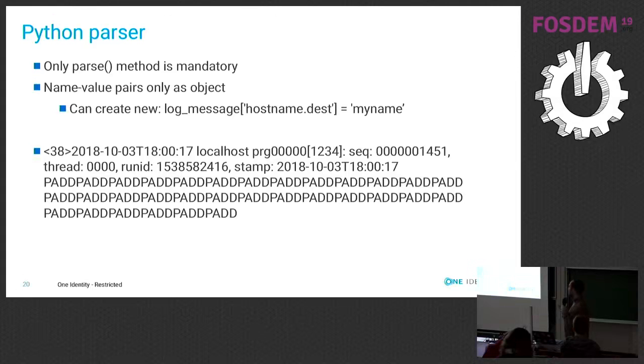In the sample code on the next slide, I will parse this log message. This is generated by loggen. That's a tool for syslog-ng for testing and benchmarking, and it has this beautiful message format.